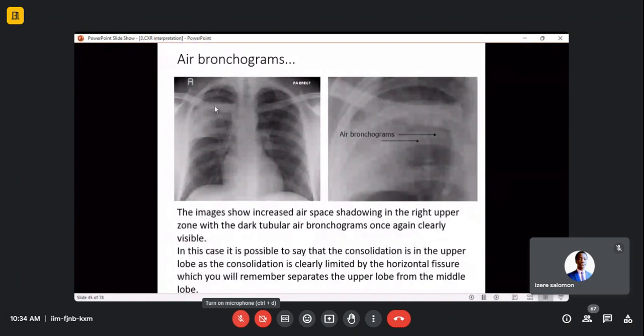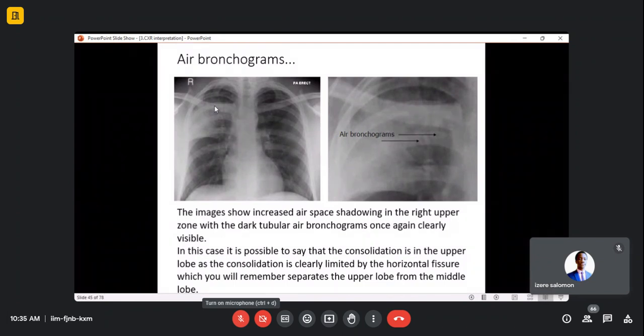It's a consolidation. Now the rest will be to know the clinical history of the patient. That's the reason why, by the way, we as radiologists always request clinicians to mention the clinical information of the patient. Because if I see this without clinical history, I will just say in my conclusion that there is a consolidation of the right upper lobe.